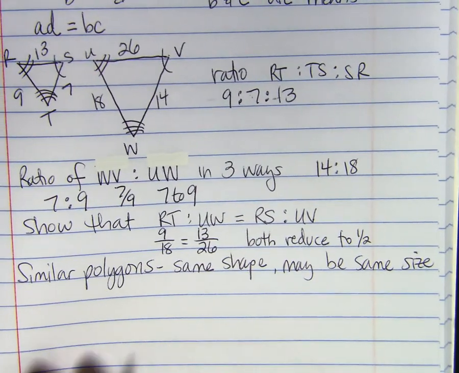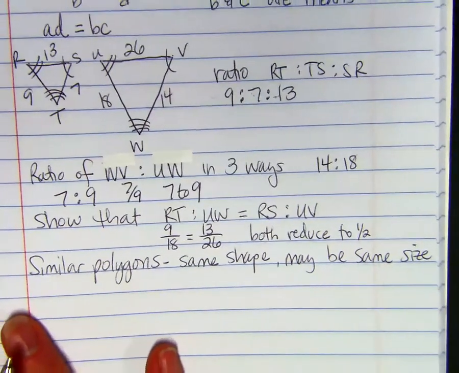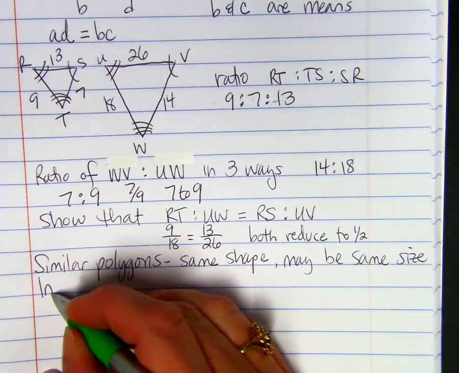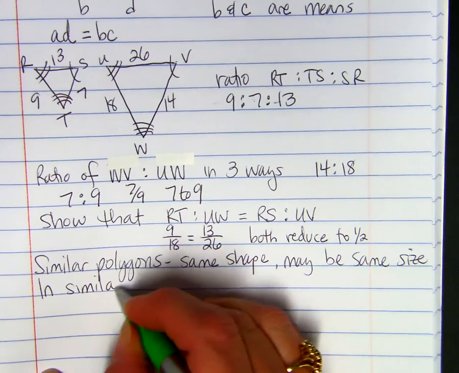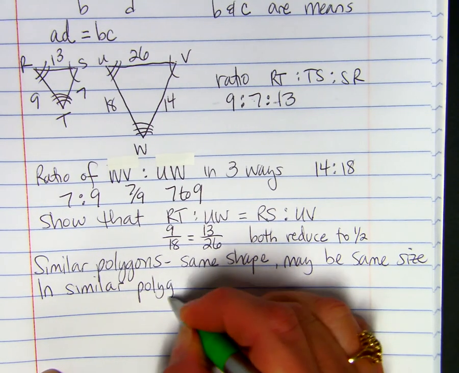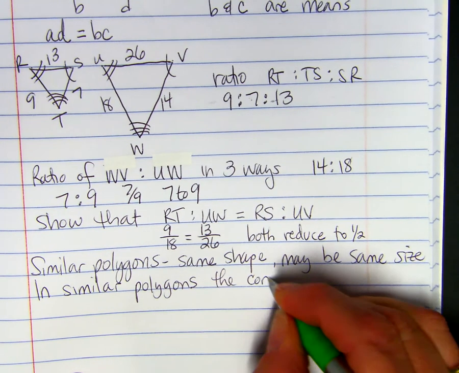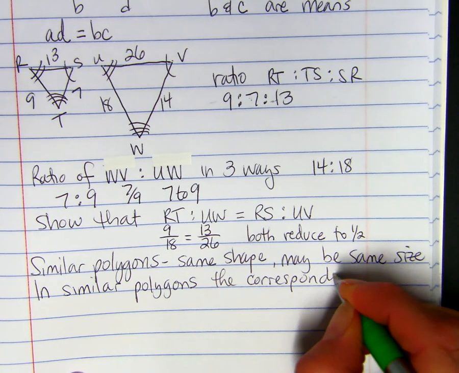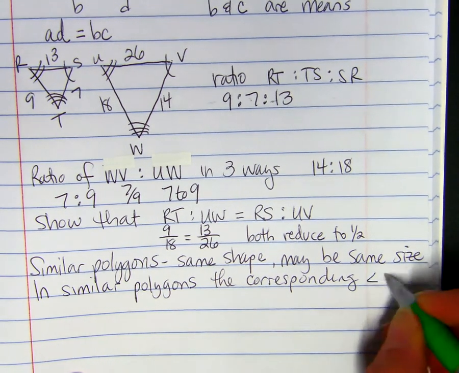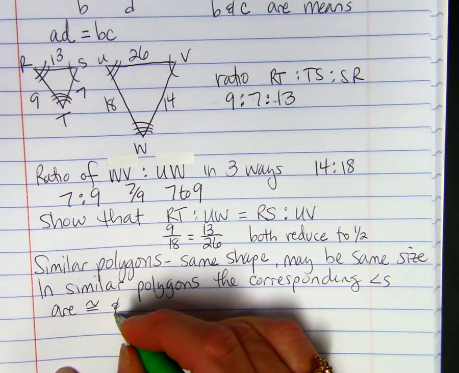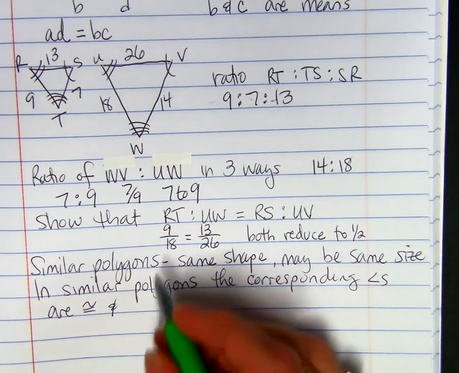And of course they're polygons. In similar polygons, the corresponding angles are congruent and the corresponding sides are proportional.